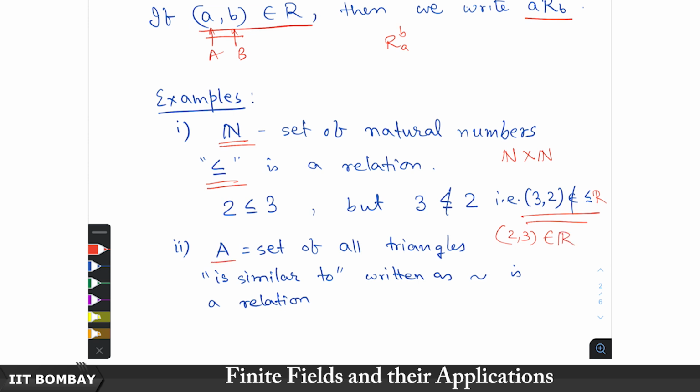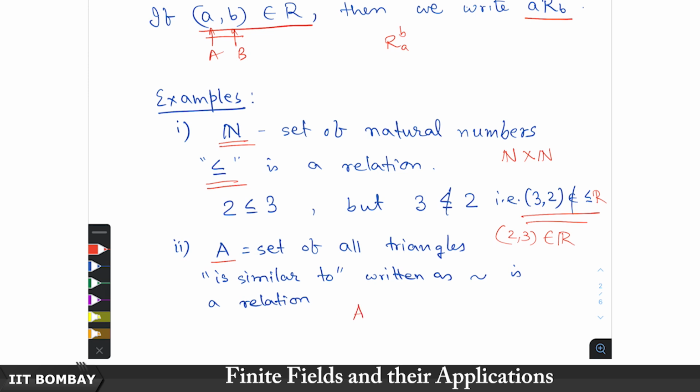Now, let us take A to be the set of all triangles. We can define a relation in A, which means a relation of A into itself, called is similar to. Similarity of triangles is a relation, and that is often denoted by this tilde notation.